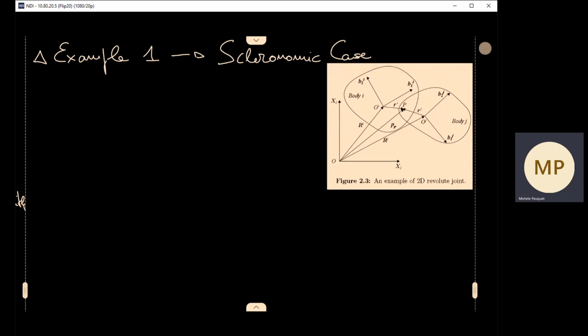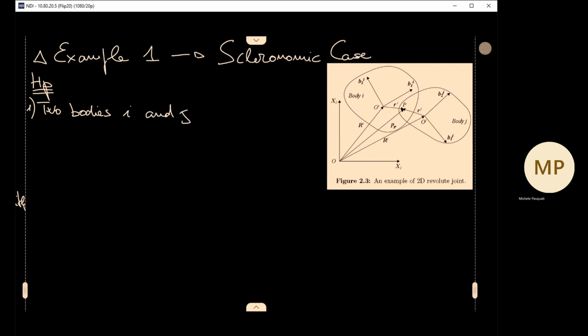So we have two bodies, usually shaped as potatoes, typically, which live in the 2D space and which are joined by a hinge in point P. Okay, so there you go. Let's write it. We have two bodies, which we denote with the subscripts i and j, in the space.